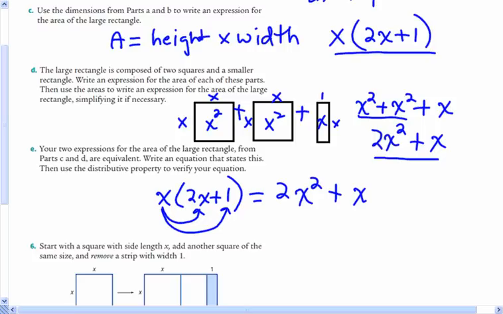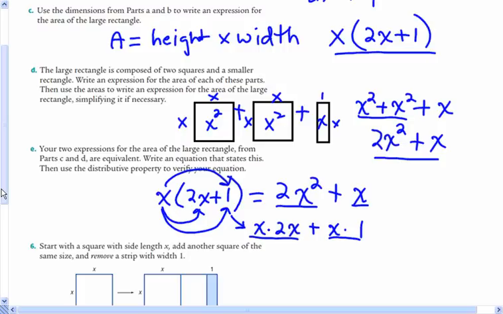So if we do that, we need to do x times 2x and we also need to do x times 1. And x times 2x is the same as 2x to the second, and x times 1 is the same as x. So we're just showing that we could have just used the distributive property to do that.